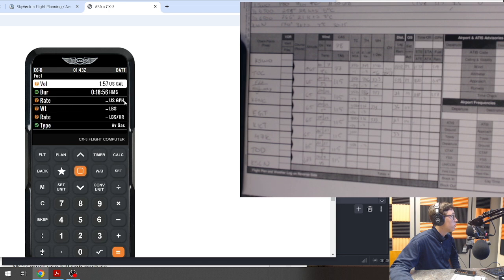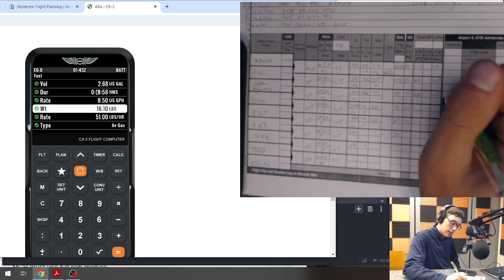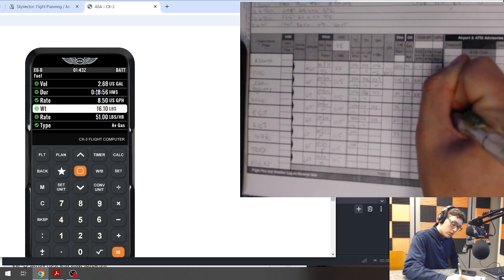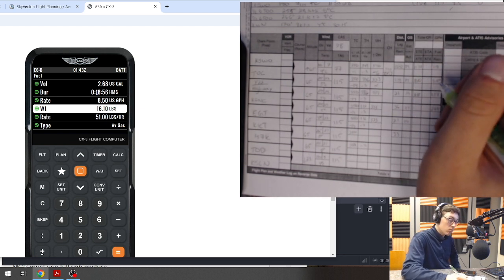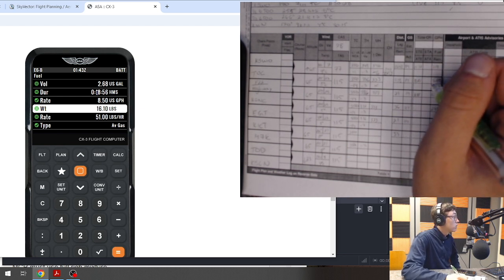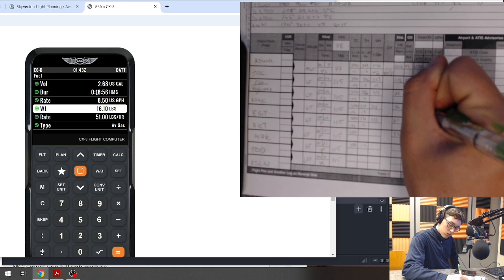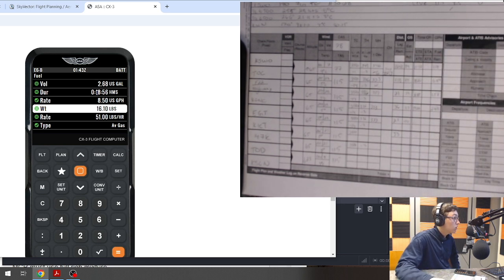Go up to my fuel. My rate, 8.5 gallons per hour. We'll call it 19 minutes, 2.68 gallons. Let's call it 19 minutes. Round up to the nearest 15 seconds. Then do it again.